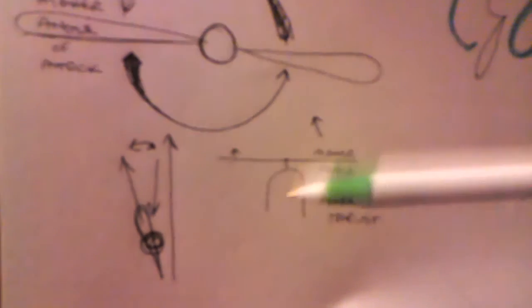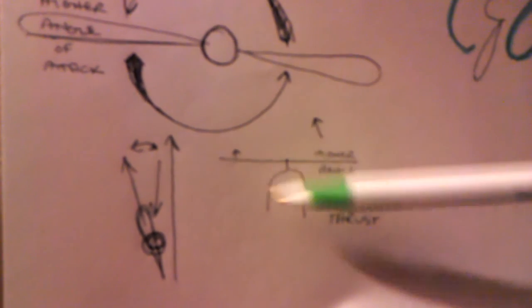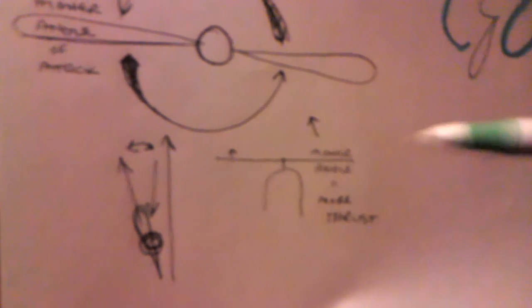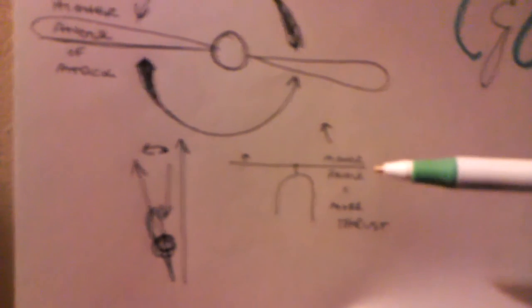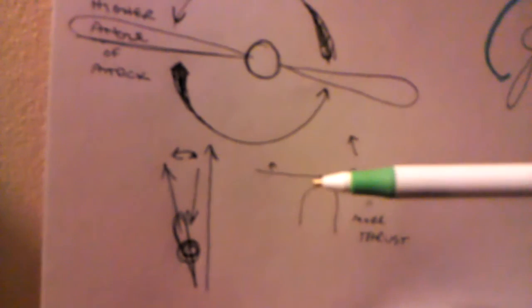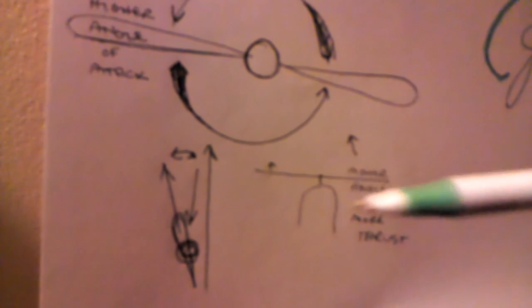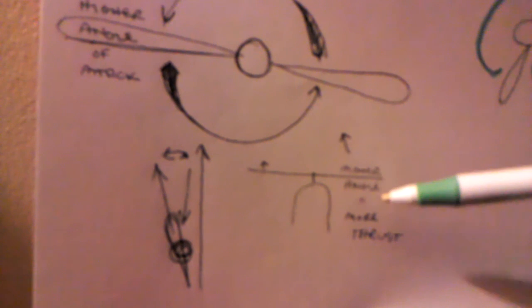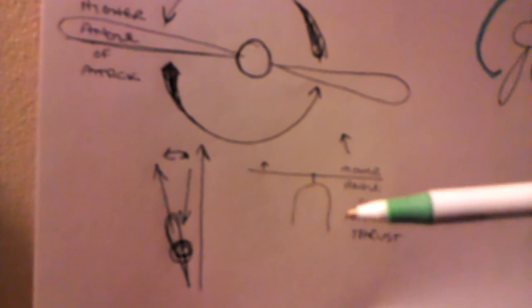Here's the front of the airplane, and the propeller is going clockwise as viewed from the back. It's going like this. So the blade that's going down is producing more thrust than the blade that's ascending, which is coming up here. So more thrust on the right side of the airplane is going to make the airplane want to yaw to the left.